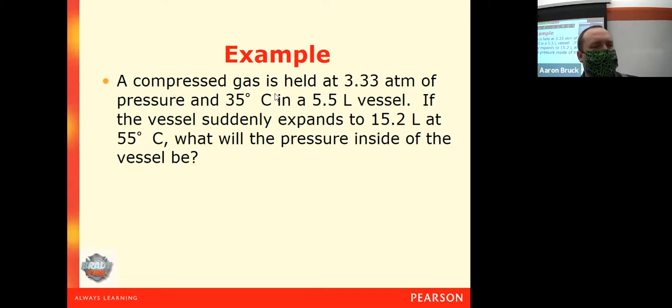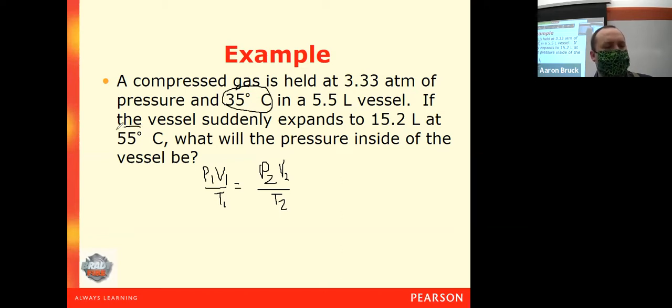So if we set up our combined gas law, we have P1 V1 over T1 is equal to P2 V2 over T2. Remember that our temperatures have to be converted to Kelvin.